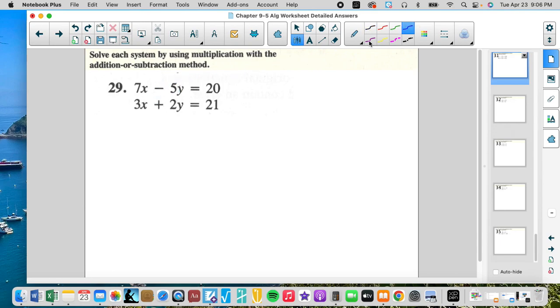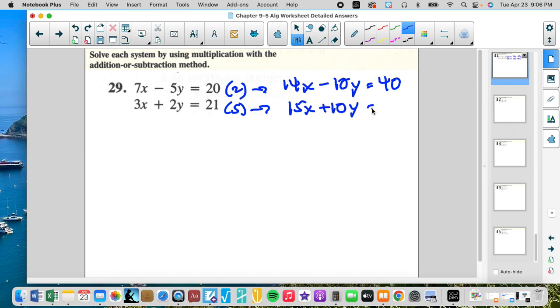Let's go 2 and 5. 14x minus 10y equals 40. 15x plus 10y equals 105.